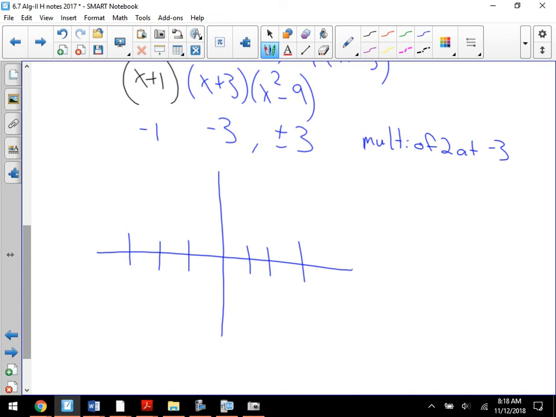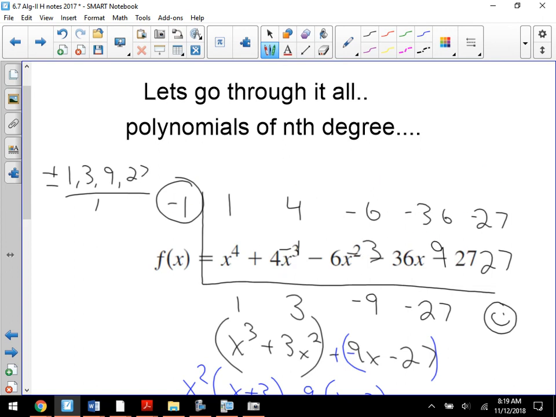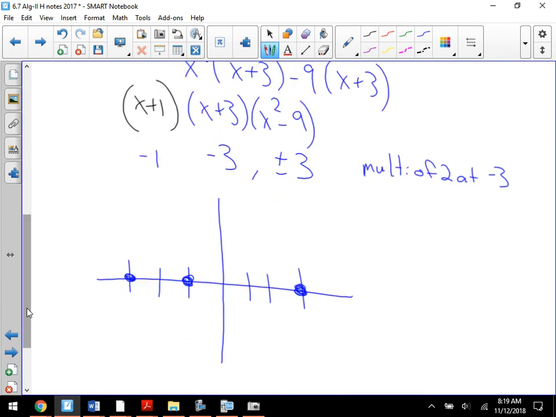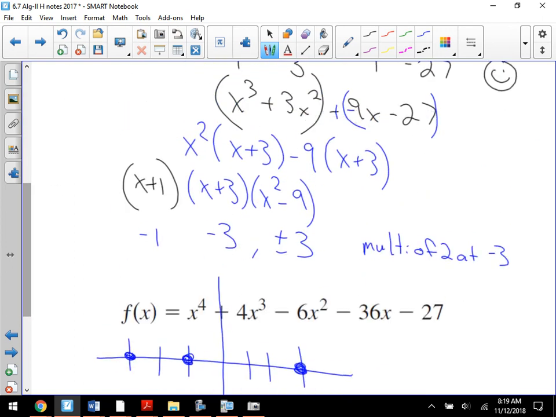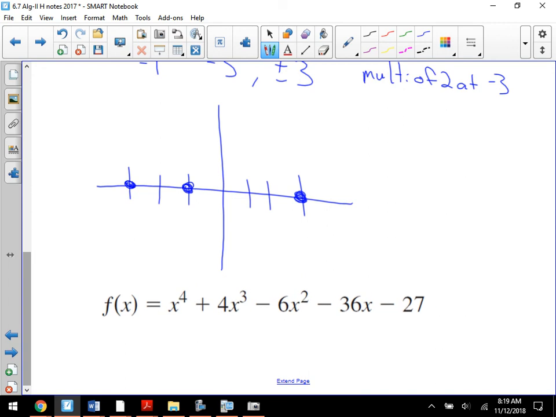Our tails were up, up, correct? We have zeros at -1, -3, +3. In our original polynomial, there's another value that you know without thinking too hard. What other thing can I graph without having to think too hard?